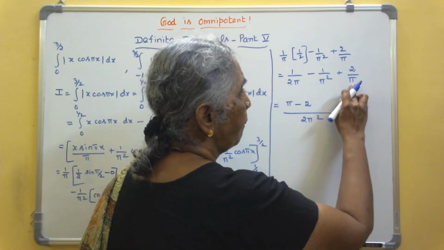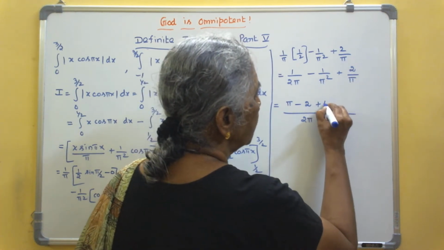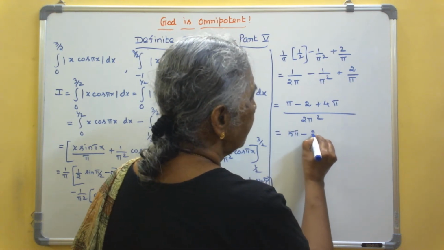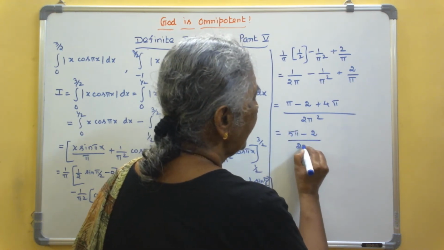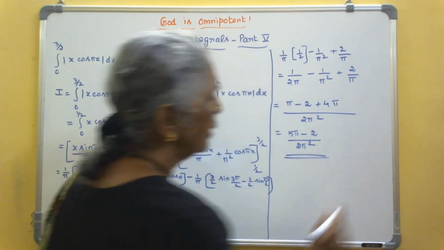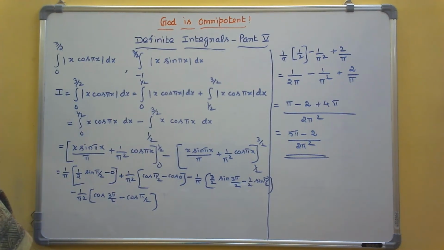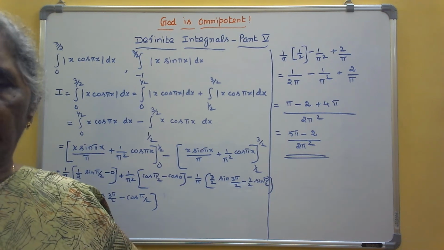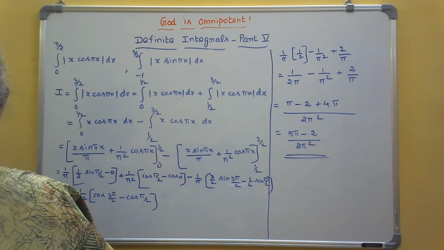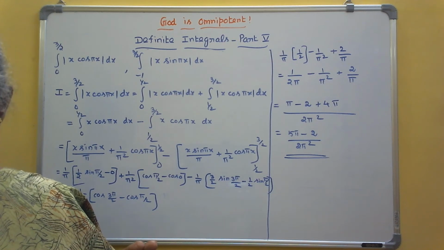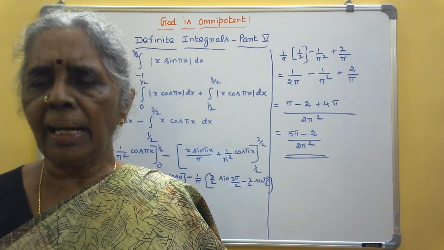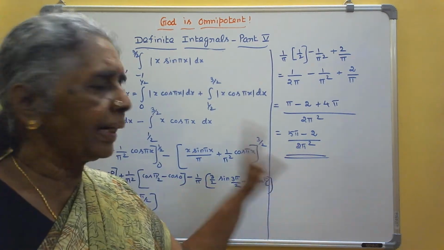Here I have a pi, so 2 pi squared into 2, I will be getting 4 pi. So it is 5 pi minus 2 by 2 pi squared is the answer for this sum. Actually, you have to do it carefully. For each term, you have to substitute upper limit minus lower limit, and you should be familiar with all the values. Then you are getting this answer.